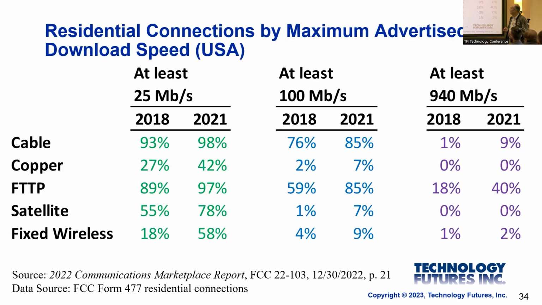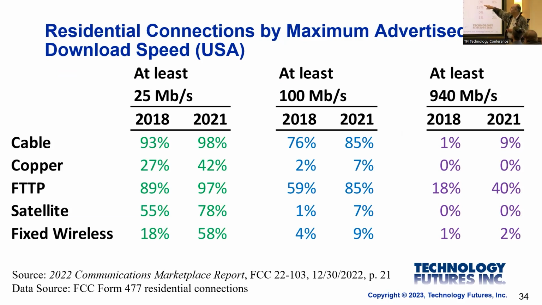This is also interesting. It shows the download speed by technology. So looking at 100 megabits per second, cable went from 76% of its subscribers having a maximum of 100 megabits per second to 85% in 2021. It's still under 10% for DSL.